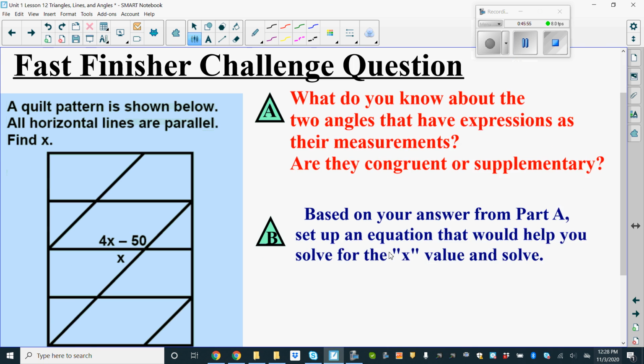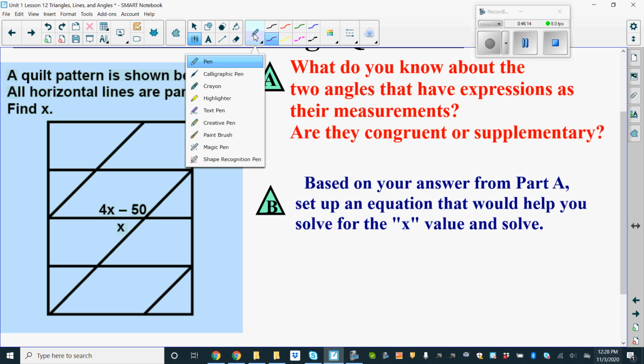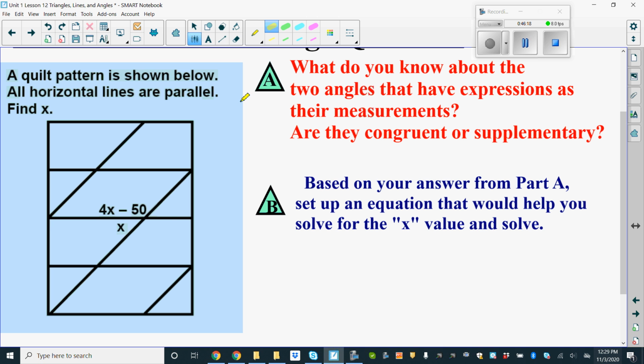In this question, it's a fast finisher. We have to see, what do we know about the two angles that have expressions and their measurements. So we have a quilt shown below, and all horizontal lines are parallel. Find x. So you should see that these are going to be your parallel lines.